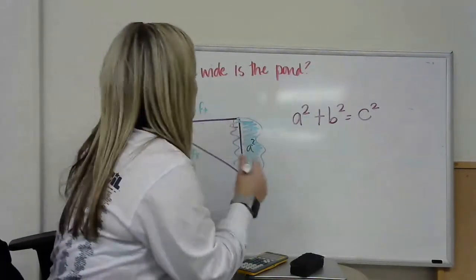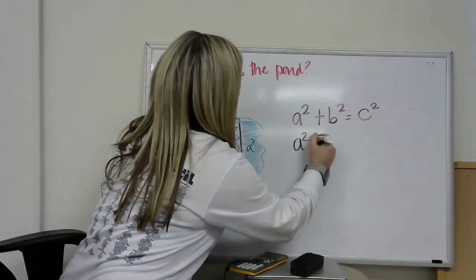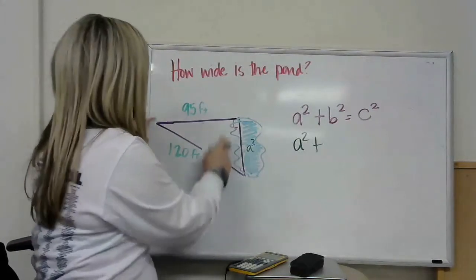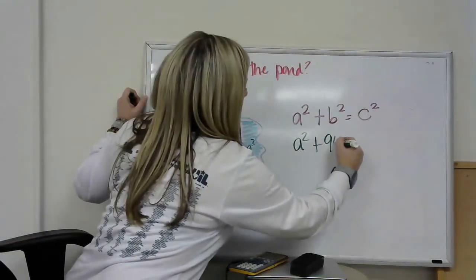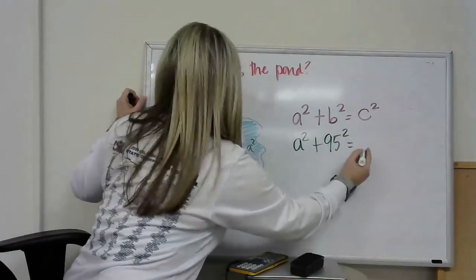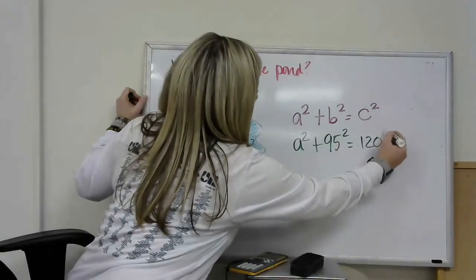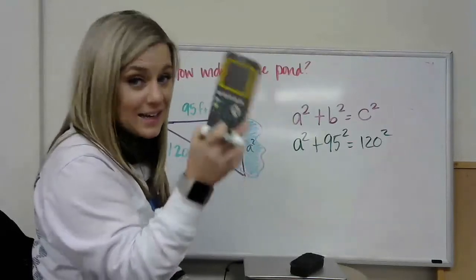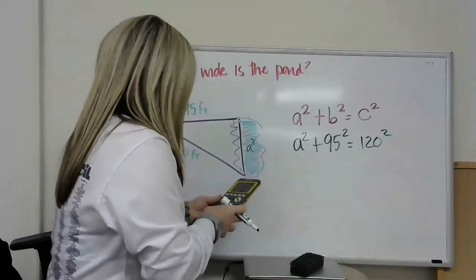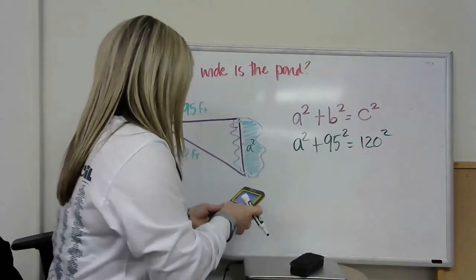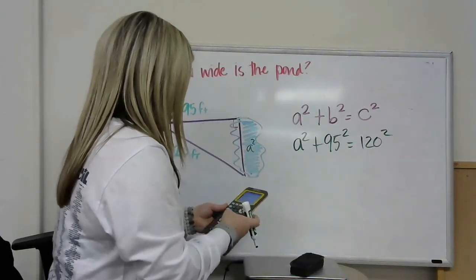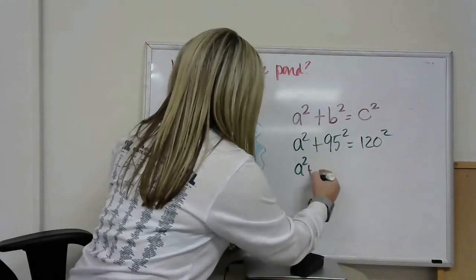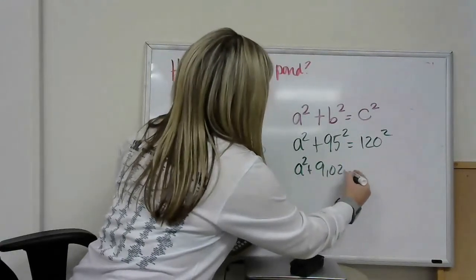All right, back at it. a squared, and this is my hypotenuse, so this is going to be c. This is 95 feet squared, and 120 feet squared. I'm using my handy dandy calculator. 95 squared is 9,025.